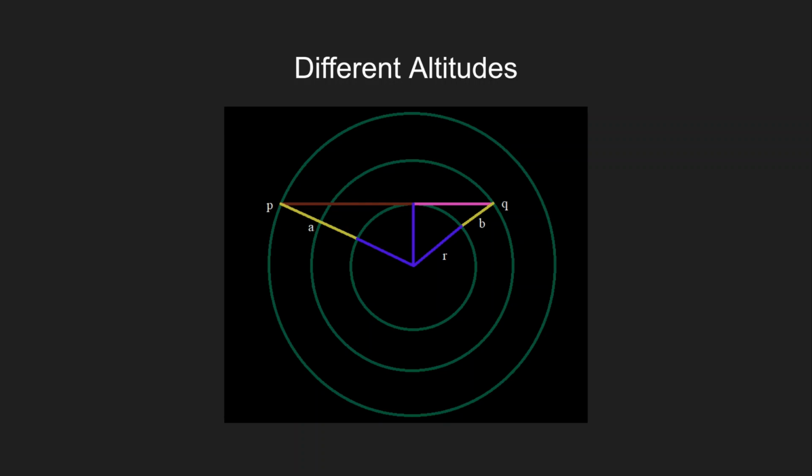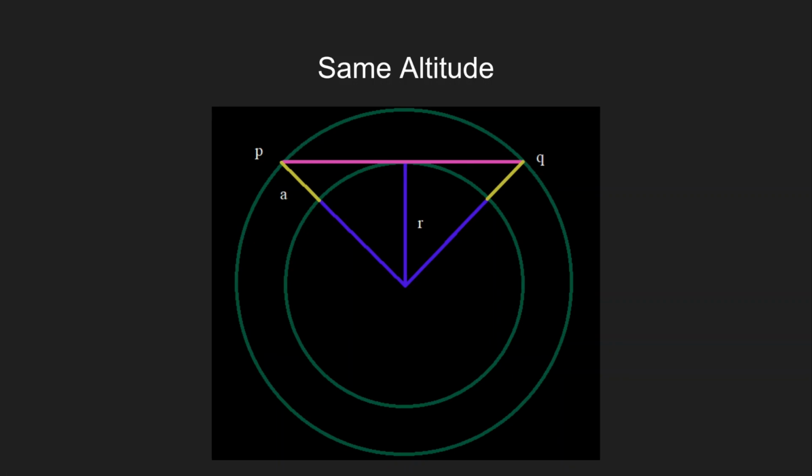Plane P might have altitude A, while plane Q might have altitude B. And they're both going to fly above an Earth that has a radius of r. For now, let's consider a simpler scenario where both planes have the same exact altitude.